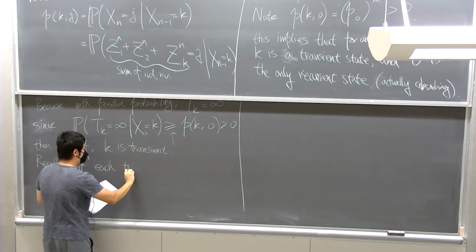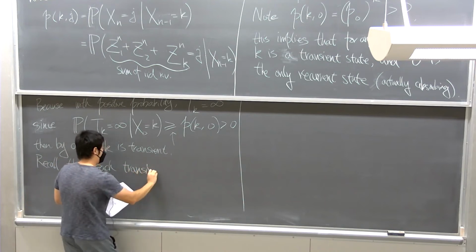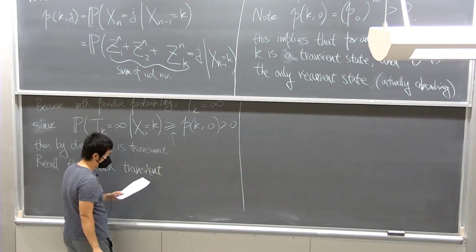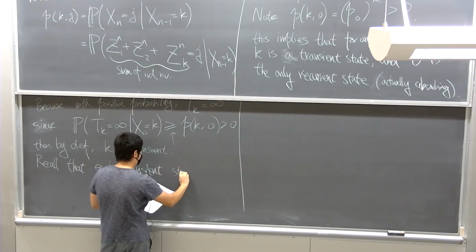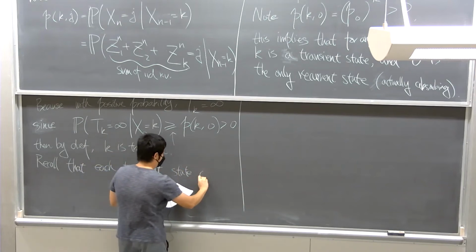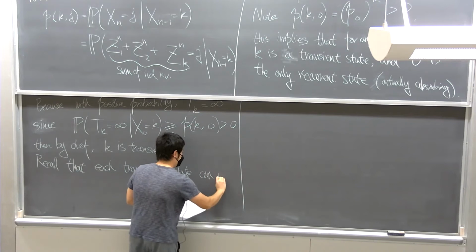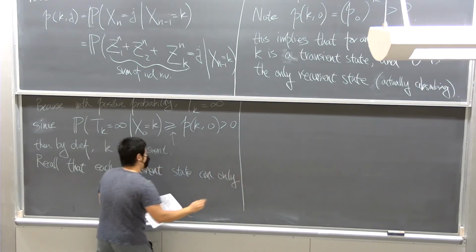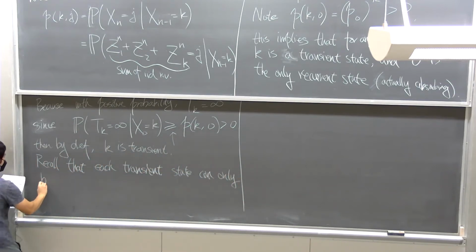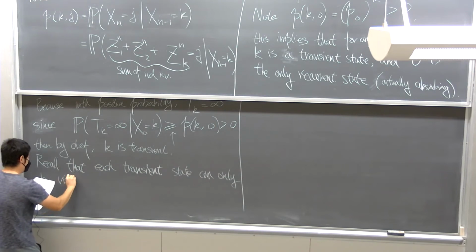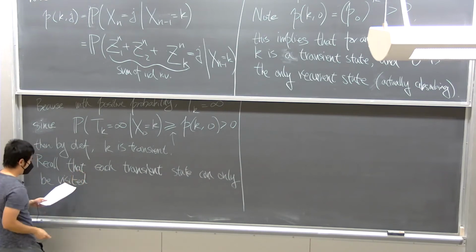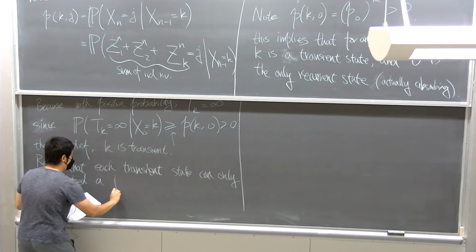So we recall that each transient state can only be visited a finite number of times.